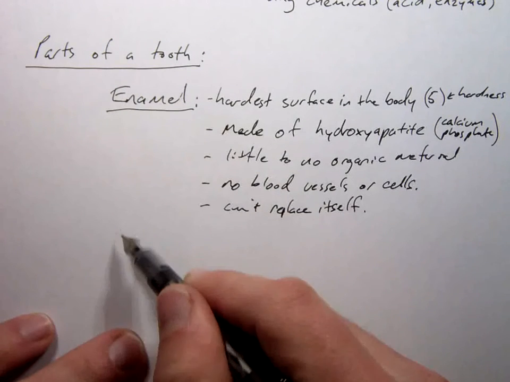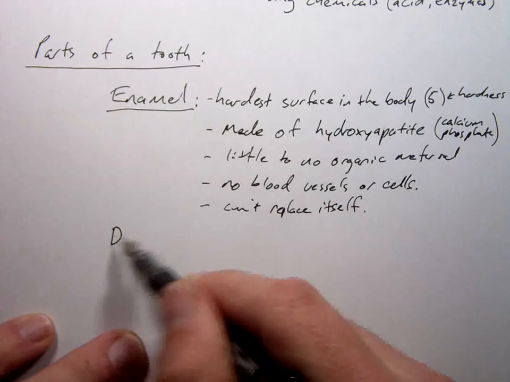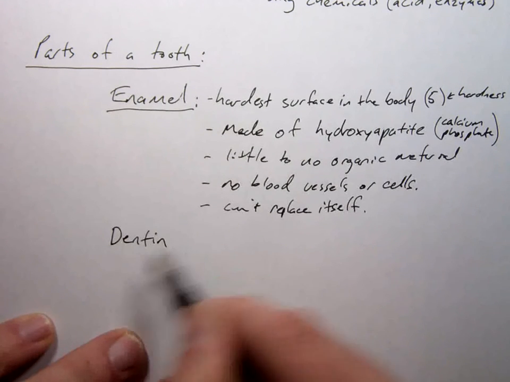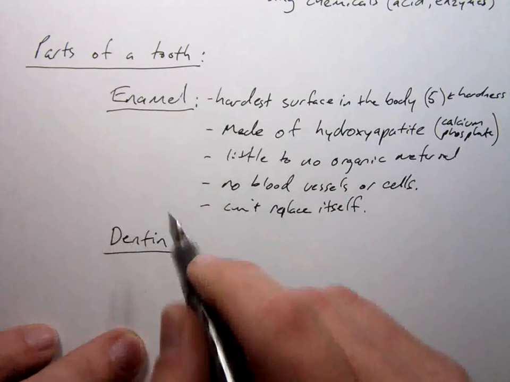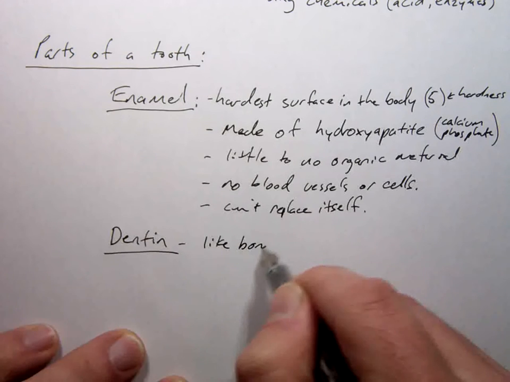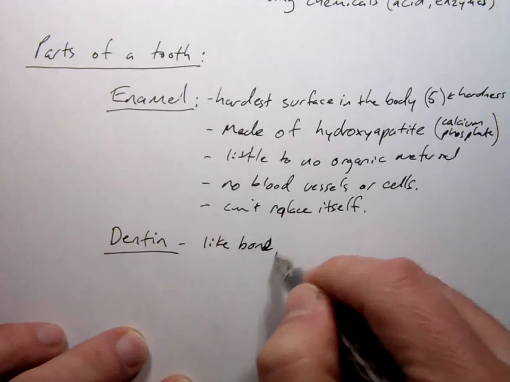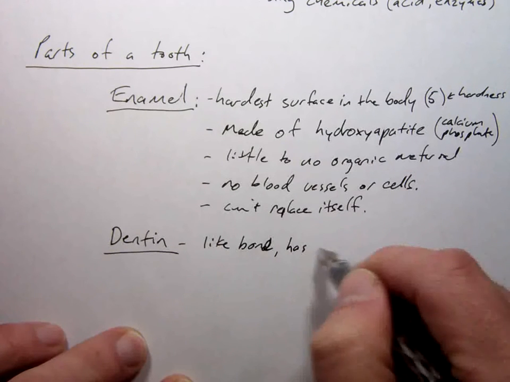Underneath the enamel is another layer called the what? The dentin. The dentin is a lot more like bone. In fact, I'm going to just say it's like bone. Because remember, bone has calcium phosphate.